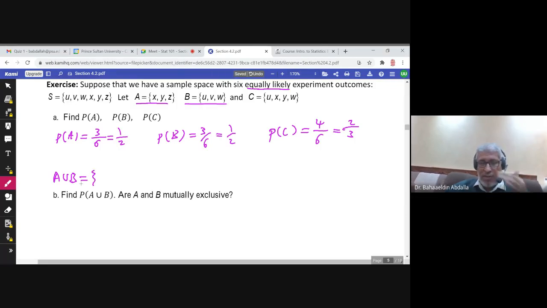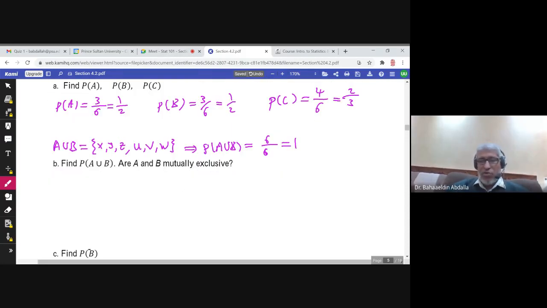A union B means all elements in A or B. So all the elements in A would be in the union, and all the elements in B would be in the union. So from here, I have 6 numbers and the sample space is 6. So the probability of A union B is 1.